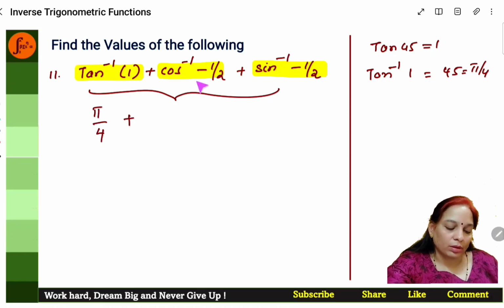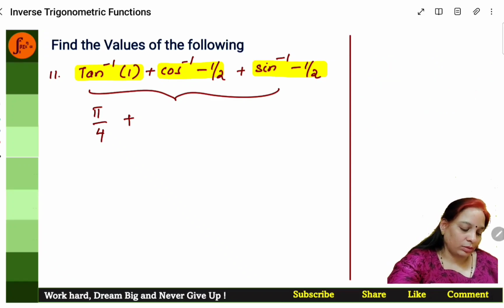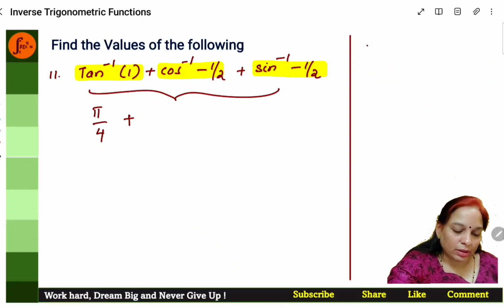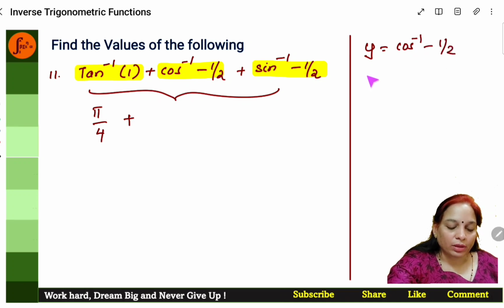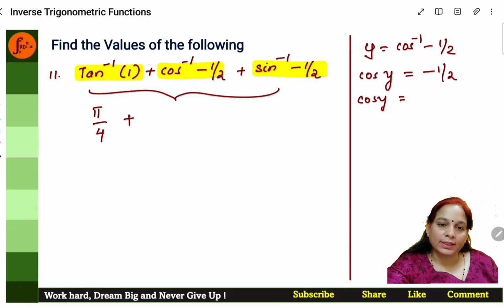Now, cos inverse of minus half. Notice it's a negative value and cos cannot have negative values, right? Because the range is between 0 to pi. So we'll say y is equal to cos inverse of minus half, which means cos y is equal to minus half. So half is nothing but cos 60, right?